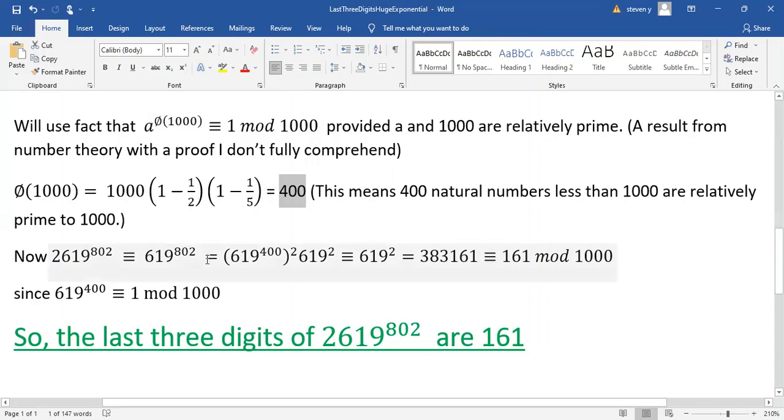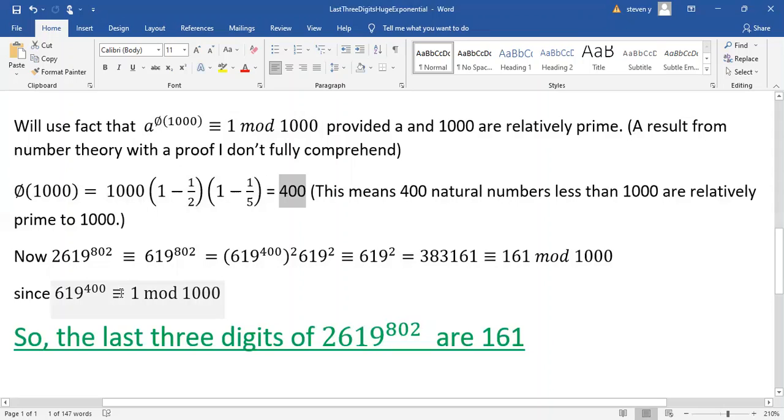Now, what really makes it work, the labor saving, is probably the biggest part of the entire proof. If you take a look at this truth right here, 400 is the Euler phi function, and this statement that I've highlighted right here is why this statement down here is true.